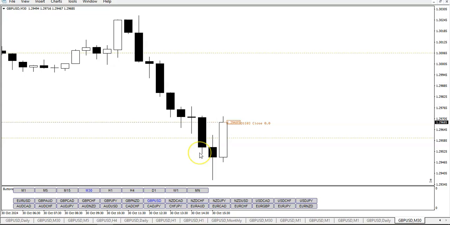We started a new M30. You can see we covered this one, meaning the high and low of the current candle. The low is below the bottom of the body, the high is above the top, so that got covered.